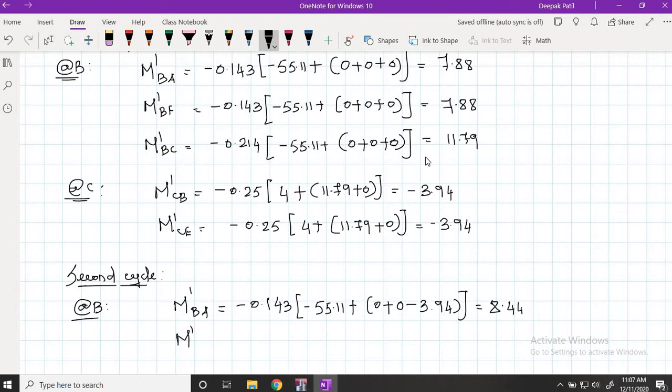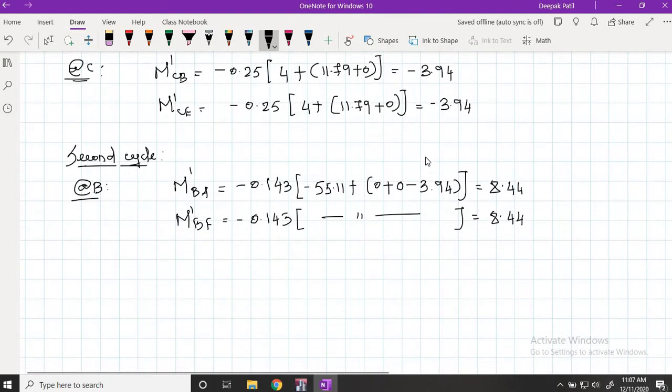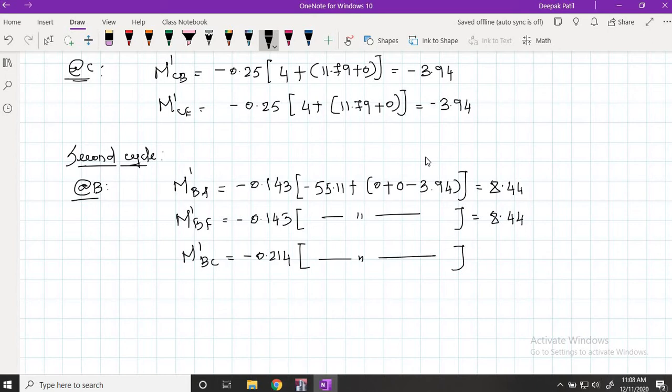Now let me calculate M dash BF, minus 0.143. All the other terms will remain the same. This also comes to be 8.44. Now M dash BC is equal to minus 0.214. The same terms will be there. This comes out to be 12.63.